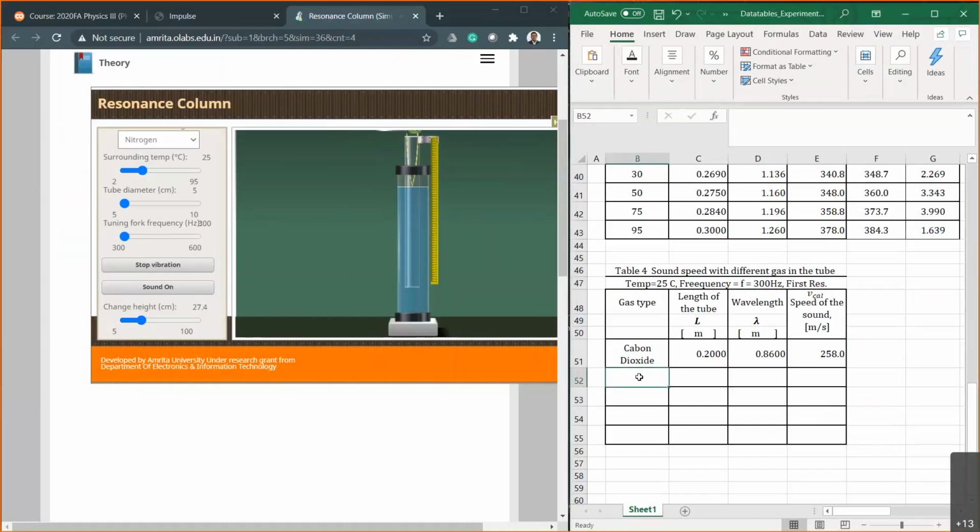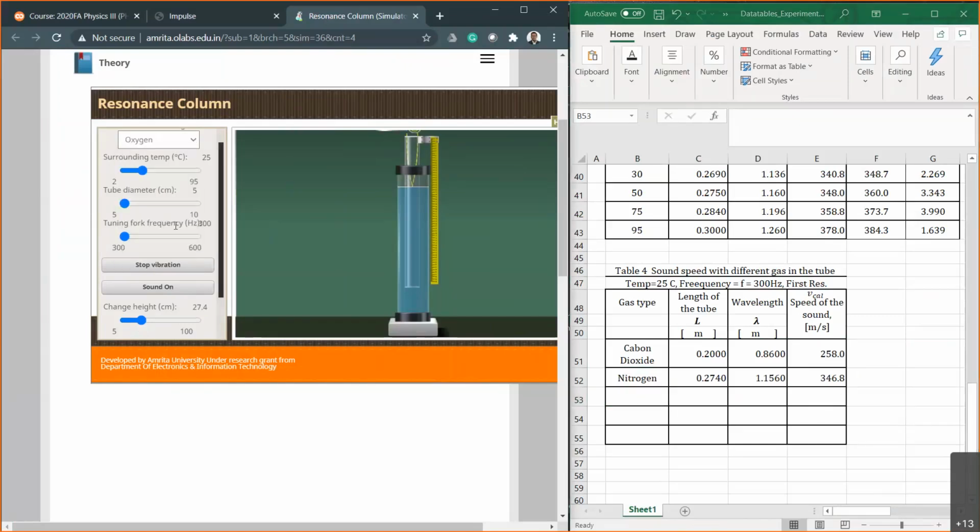So now we're doing nitrogen, okay? Nitrogen about 0.274, and then these two you can calculate easily. And then so on. So let's do the other three.